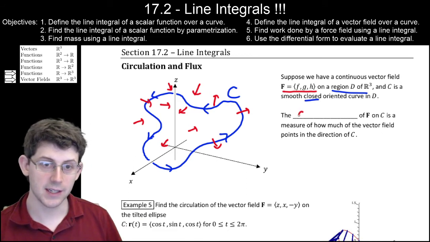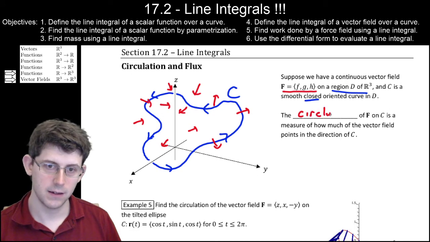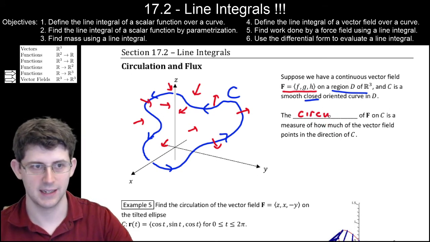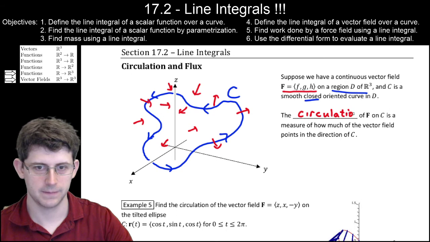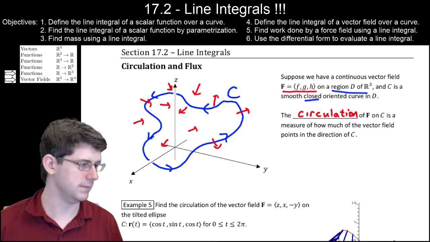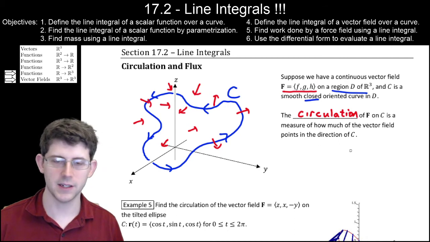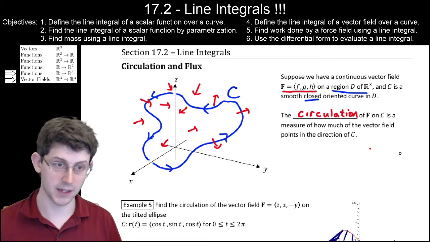That's called the circulation of the vector field on the curve.